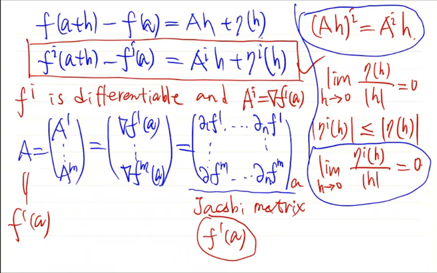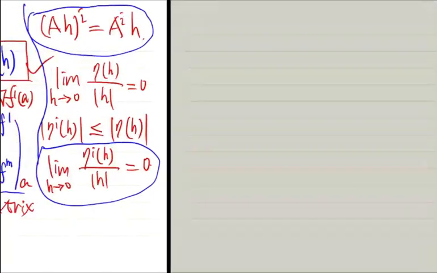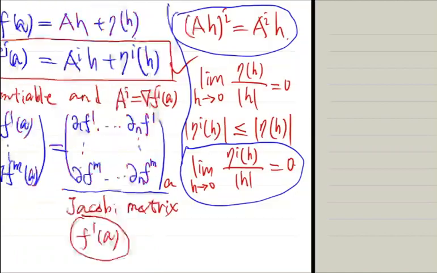Next, we will study the consequences of differentiability. The first thing is the relation between differentiability and continuity. We will prove that if f is differentiable at a point, then it will also be continuous at that point.